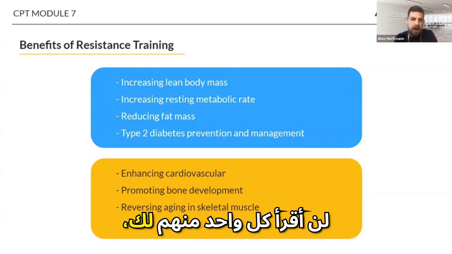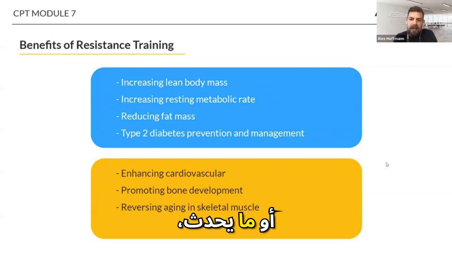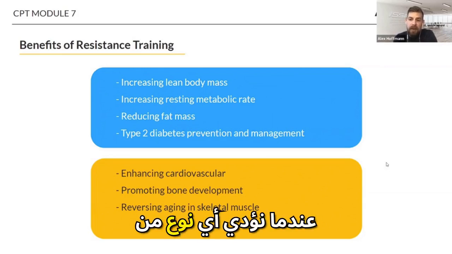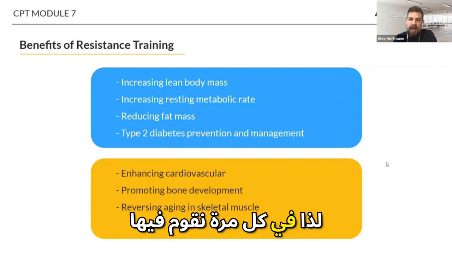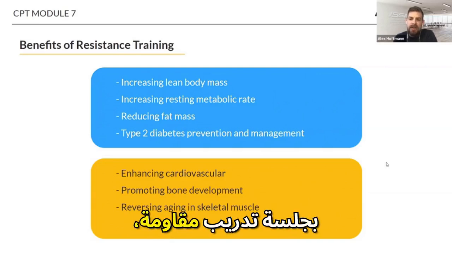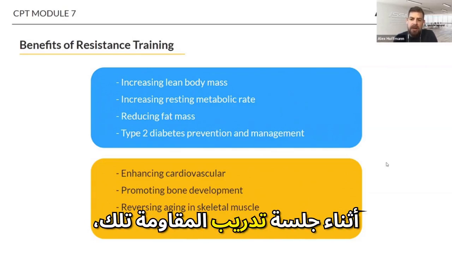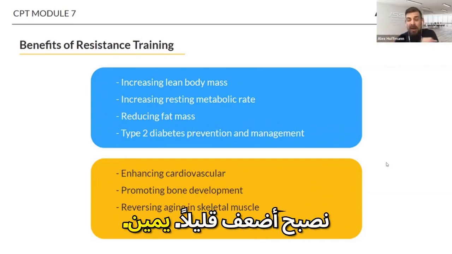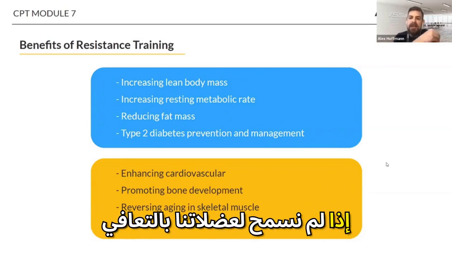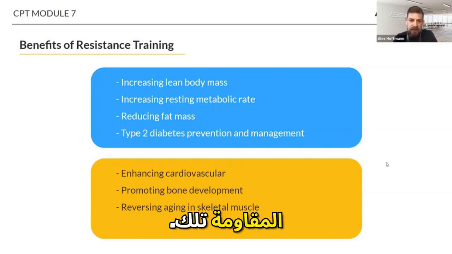I'm not going to read each of them off to you, but when we're talking about resistance training, really what's taking place when we perform any sort of resistance training acutely is the breakdown of muscle tissue, right? Anytime we do a resistance training session, our muscles are actually breaking down as a result of the trauma elicited on them during that session. And when that happens, we get slightly weaker during that session if we don't allow our muscles adequate recovery afterward.